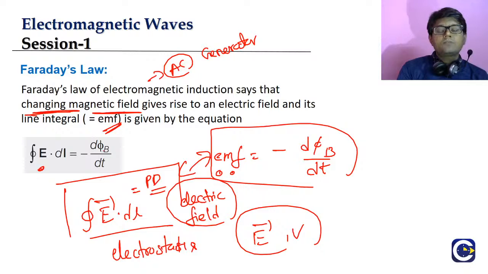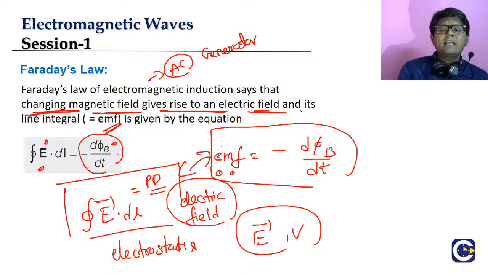Changing magnetic field means flux will be changing. When there is a change in flux, this term will be non-zero, it will have some value. That means there is an induced EMF, which means there is going to be an electric field. So a changing magnetic field will give rise to an electric field.